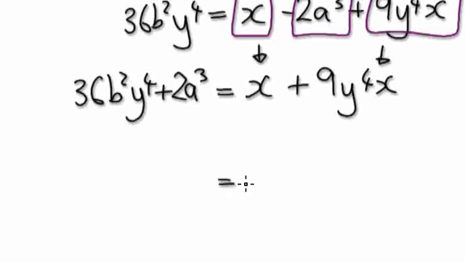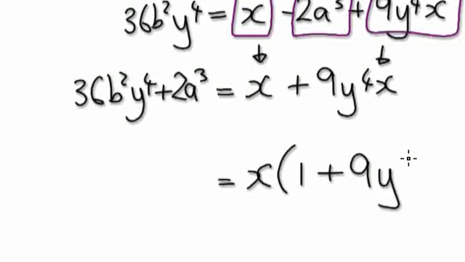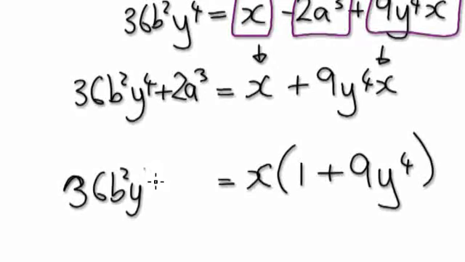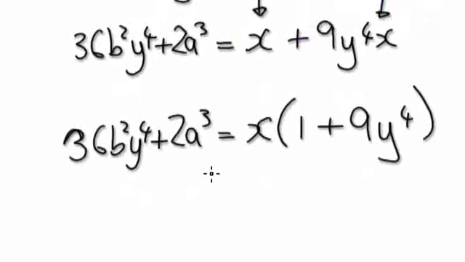So factorize. When you factorize, you're only going to get 1x. Anyway, just factorize. So it will be this. And on this side, it will remain the same, 36b squared y to the power 4 plus 2a to the power 3.